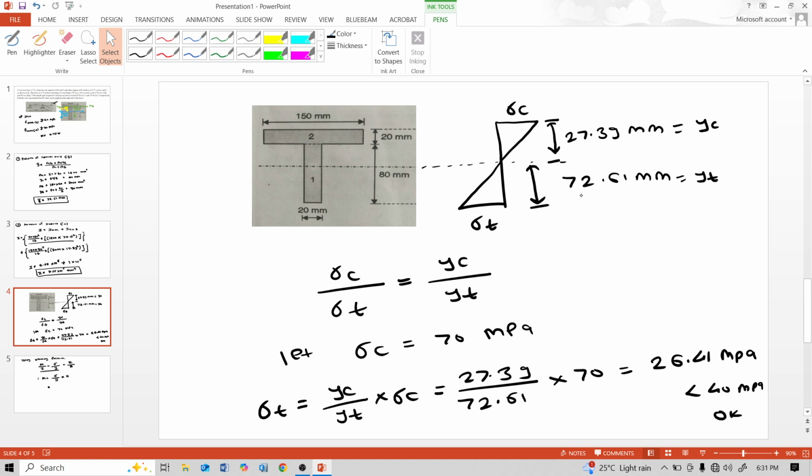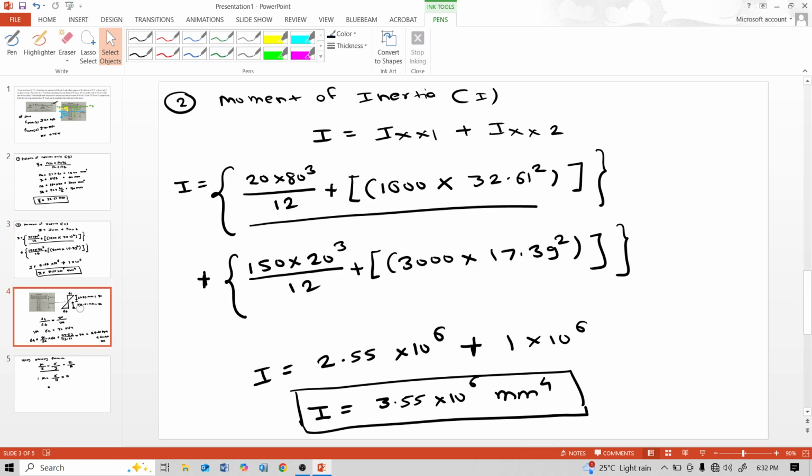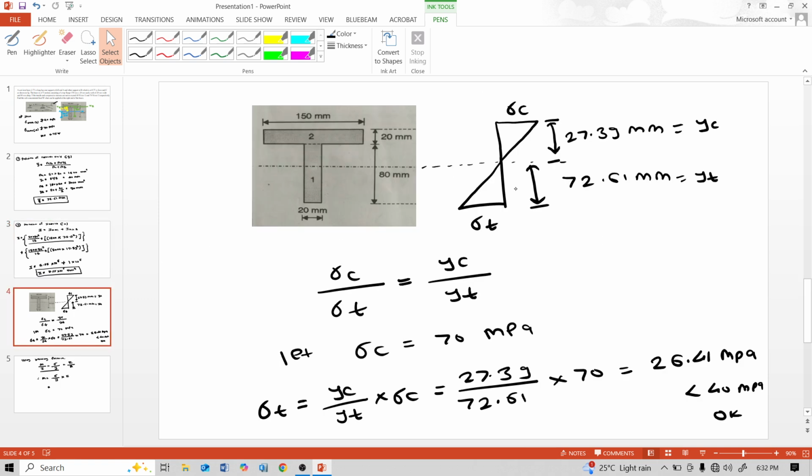For this, use the maximum Y. YC is 72.61 mm and sigma T is 26.41. See, this YC is 72.61.